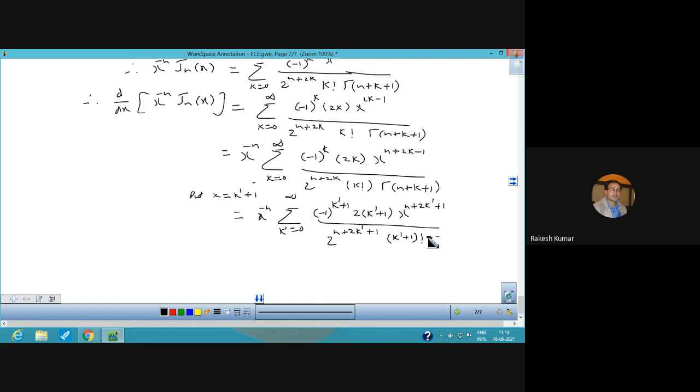Sorry, when you put k dash in the denominator in place of k, it becomes 2k dash plus 2. Just see, that will be plus 2 here, and this is k dash plus 1 factorial, and here you will have n plus k dash. This is important. When you put k dash plus 1 in place of k, plus 1 and plus 1 plus 2 will be there. Now this is the resultant term.